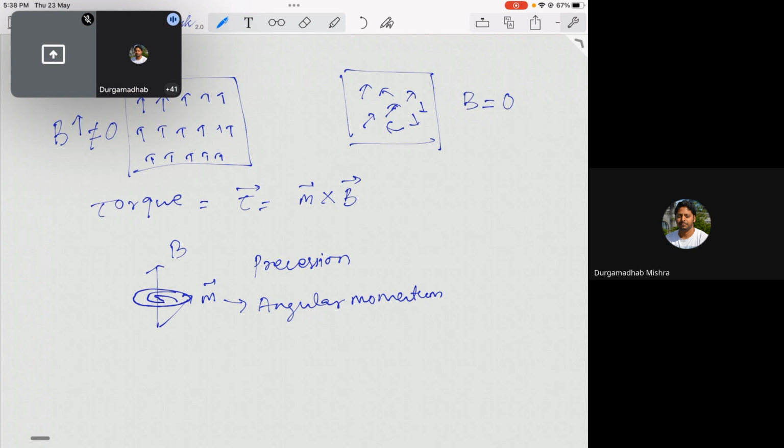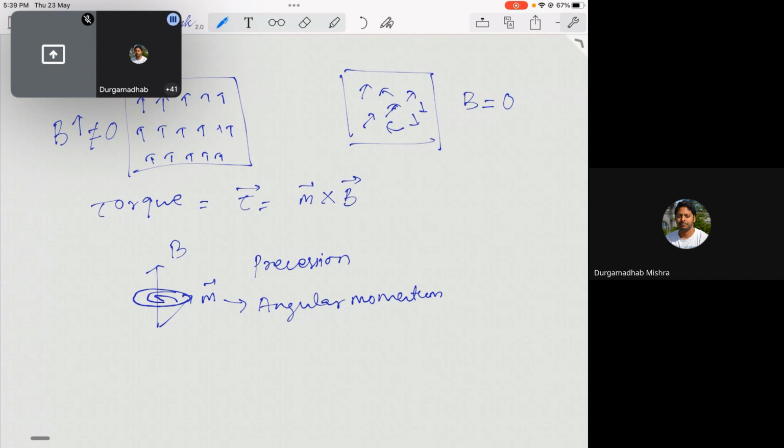So the precessional motion occurs at a certain frequency. This will of course be related to the angular momentum, as I said. The total angular momentum is not just simply the orbital or spin, it will be due to the total angular momentum of the electron.